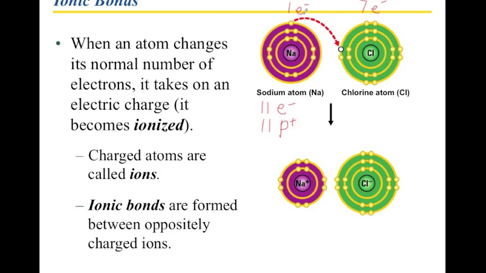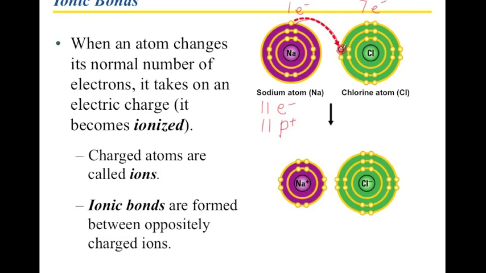Well, losing 1 is a lot easier than gaining 7. Losing 1 is 1 transaction, gaining 7 could be as many as 7 transactions. And so nature works often with the easiest pathway, and that would be, in this case, to lose it. And here's what happens. The sodium sends its electron over to chlorine, and the chlorine atom therefore fills its outermost shell.